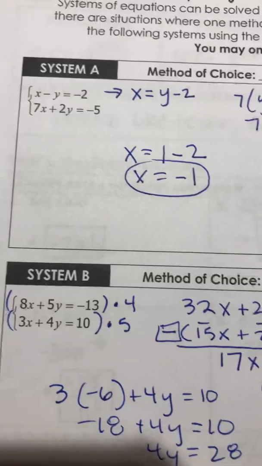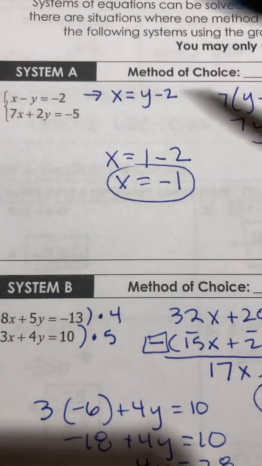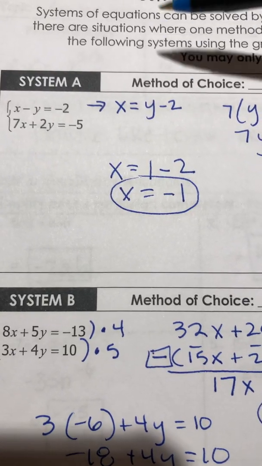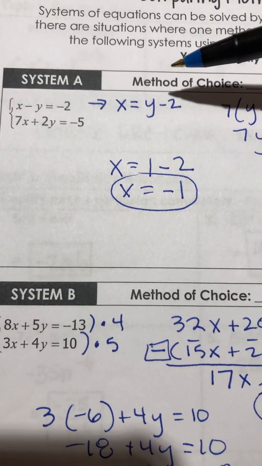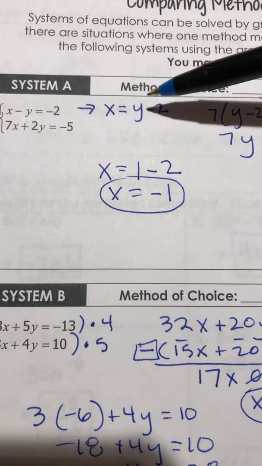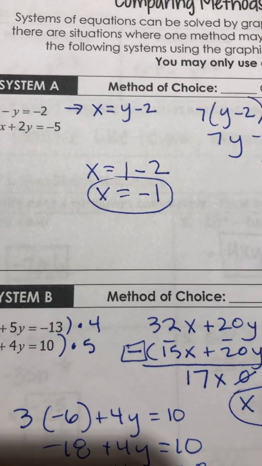So let's see how I did it. So over here, x minus y equals -2. I basically added y to each side. So I ended up with y minus 2 there.